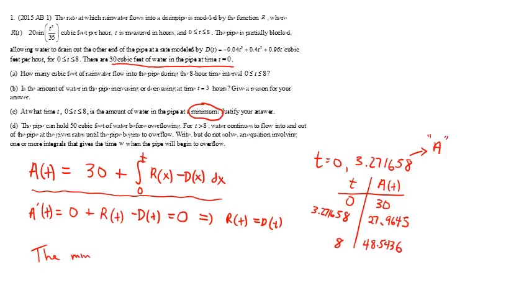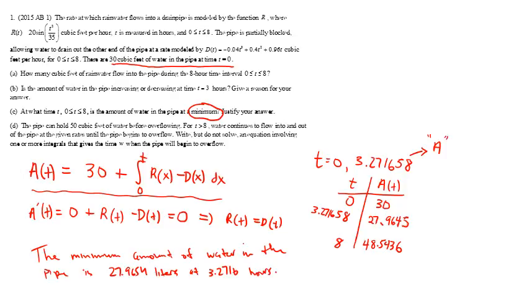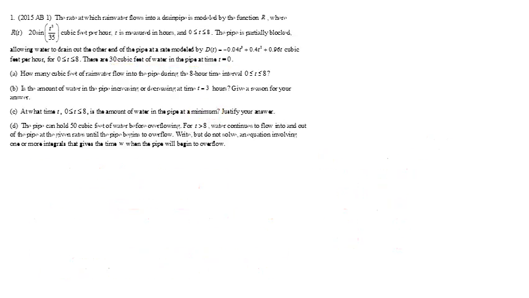So the minimum amount of water in the pipe is 27.9645, and that's liters, at 3.2716 hours. Okay, so that's how we answer part C.